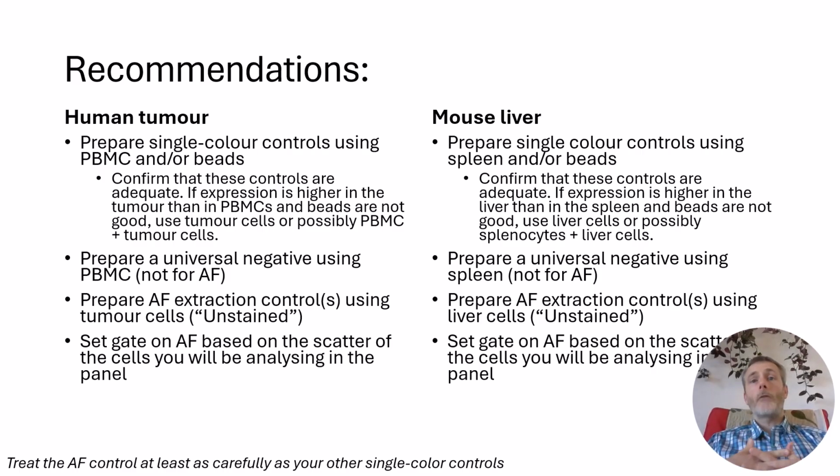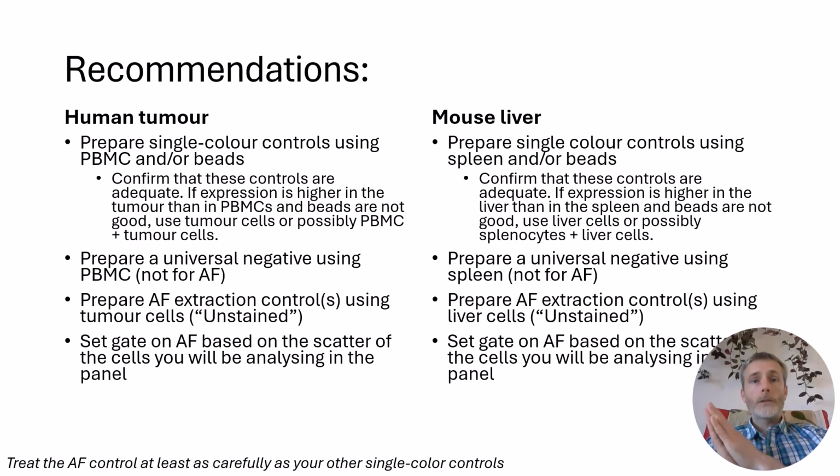Here are two examples of how we might prepare the controls for autofluorescence extraction, one for mouse and one for human. In both cases, we include an unstained sample of the source that we're focused on analyzing, and this is our control for the autofluorescence. In the human example, that's the tumor cells. In the mouse liver example, that's the liver cells.